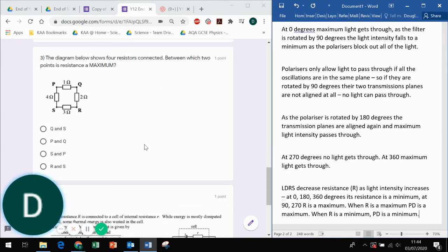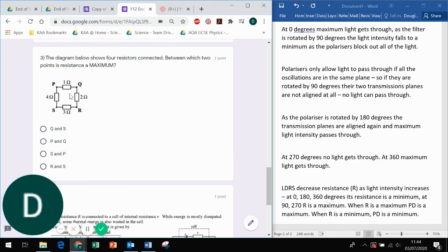Multiple choice questions. This diagram shows 4 resistors connected. Between which 2 points is the resistance a maximum? With whichever 2 points we take, we've always got 2 things in parallel. For things in parallel, the resistance is always smaller than the 2 individual resistances. So we need to make the 2 halves of the parallel circuit have as large a resistance as possible.